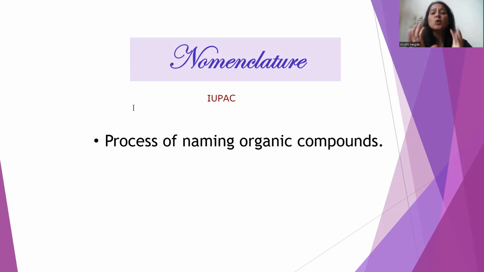This IUPAC takes care of the rules of nomenclature and how an organic compound has to be named. The names given by following these rules are called IUPAC names. It's also called the IUPAC name or chemical name.